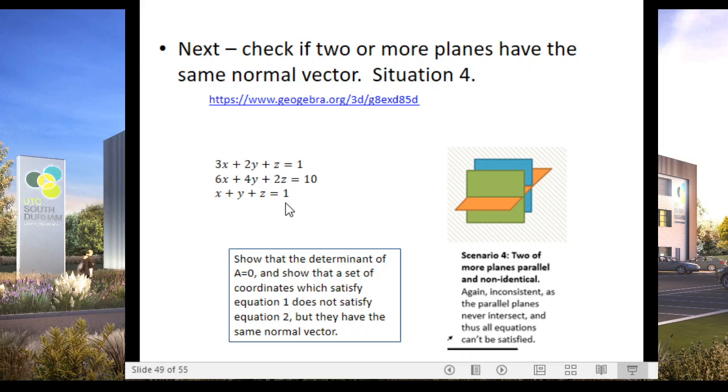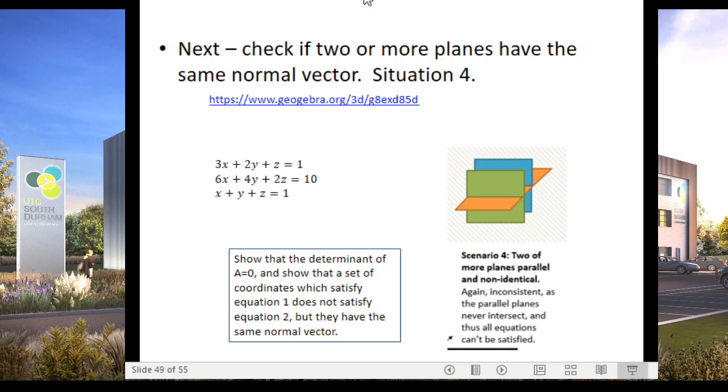We can see by inspection again that 3, 2, 1 multiplied by 2 is 6, 4, 2. So these two planes have got the same normal vector. Well, not the same normal vector, but they are a scalar multiple of each other.